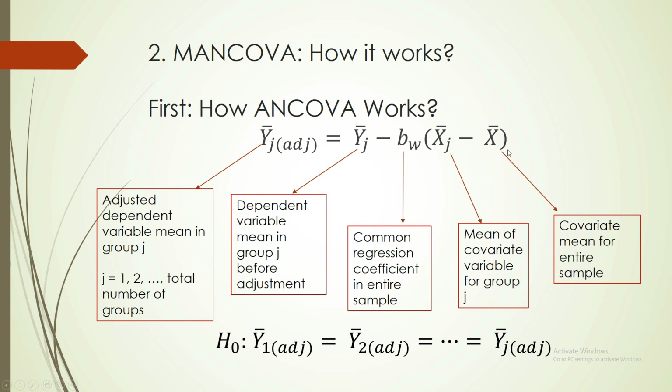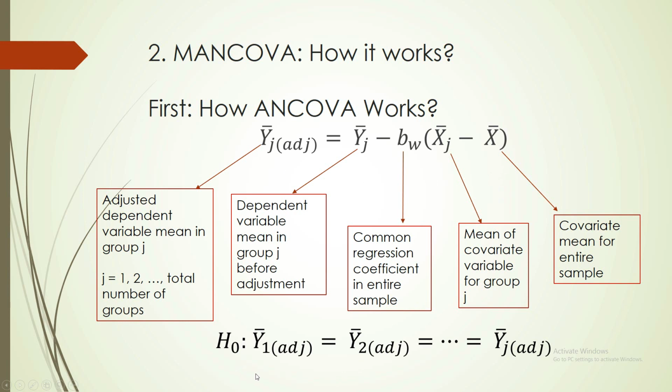Now, as you can see, this equation only calculates the adjusted dependent variable mean for group J. This means that we need an equation like this to calculate the adjusted mean for every single group. So as many groups as there are, that is the number of these equations that we must consider.